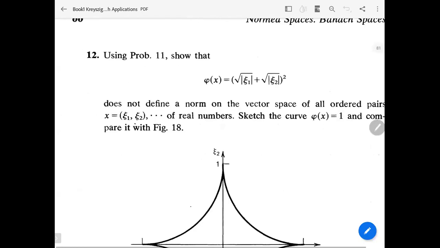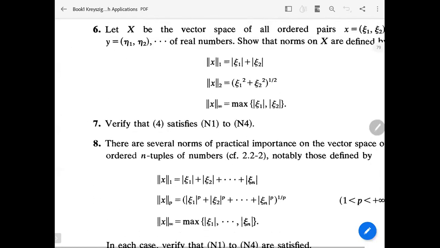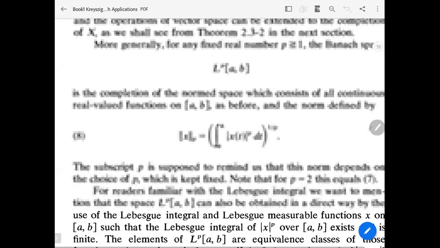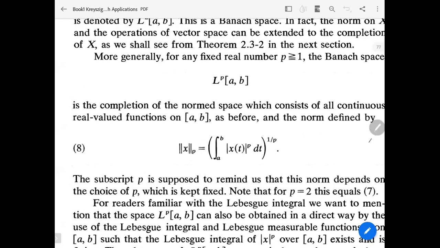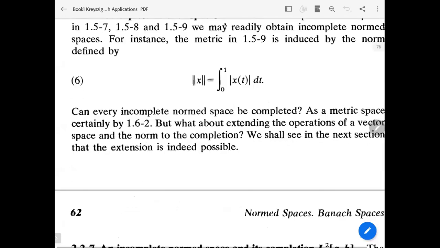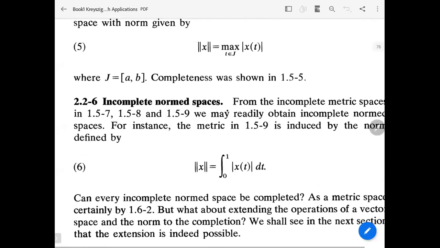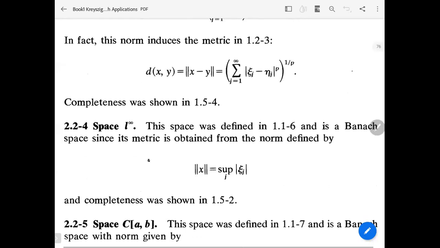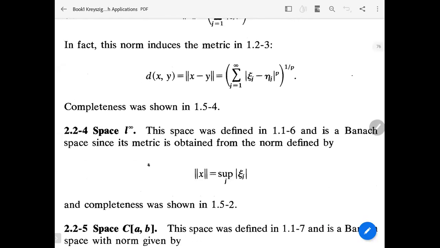Okay, so a few more notions in this section 2.